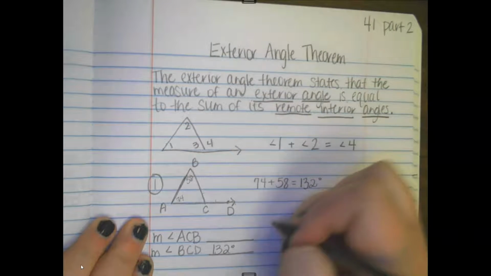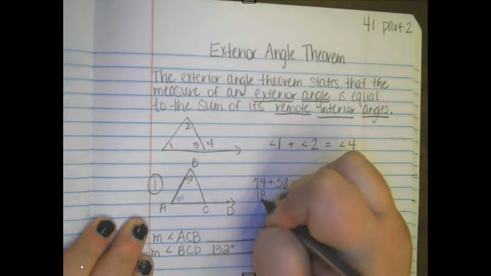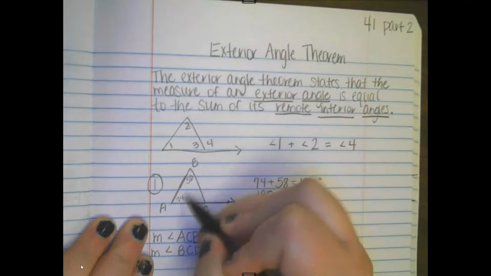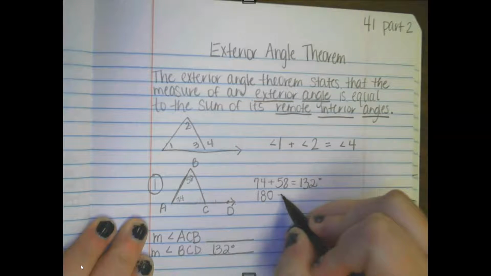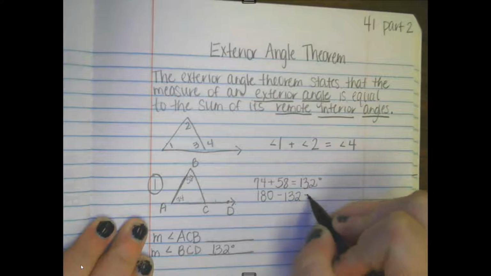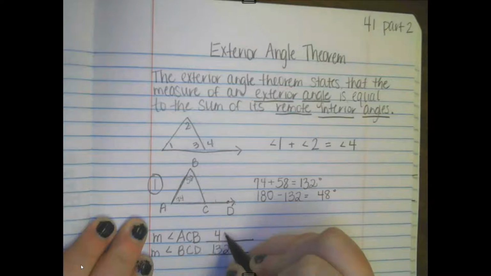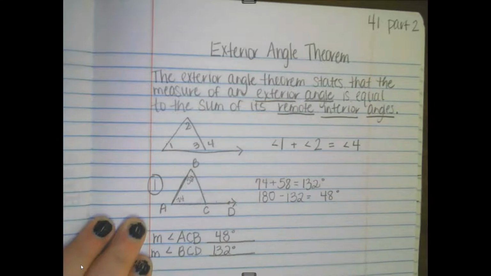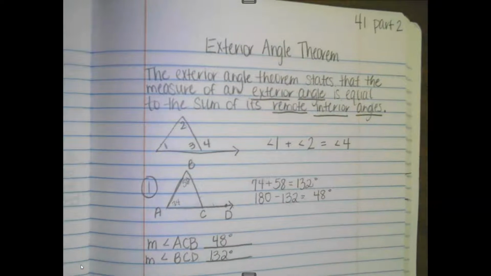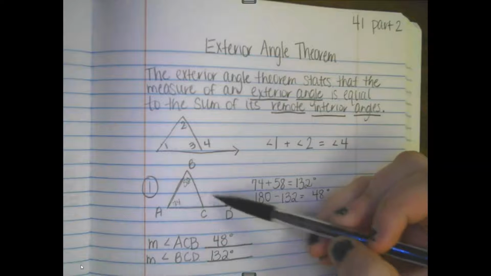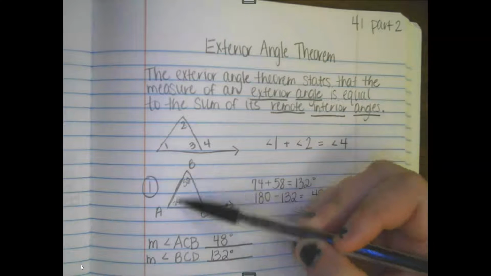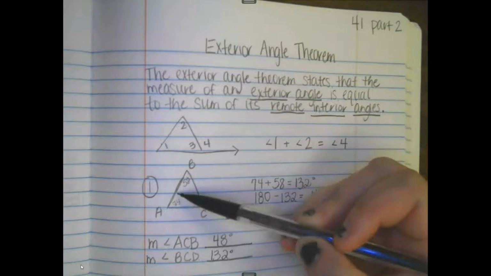So I'm going to take that 180 and subtract this exterior angle. Get 48 degrees. So that missing angle is 48 degrees. So just to refresh, this exterior angle is equal to the sum of my remote interior.